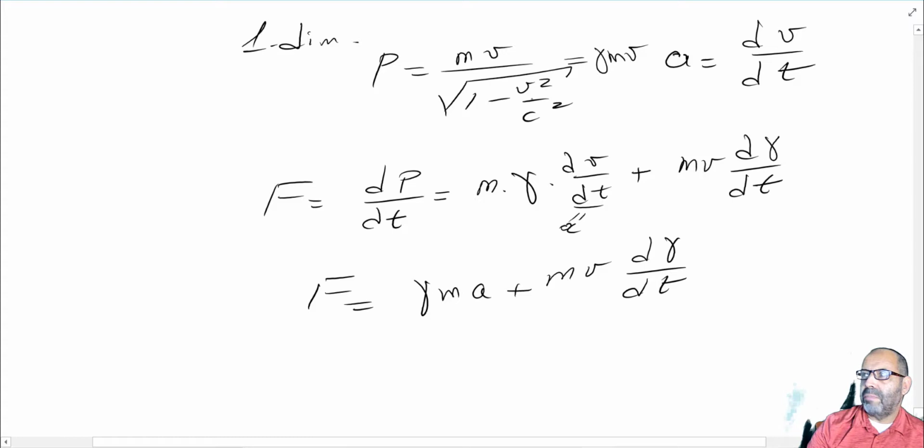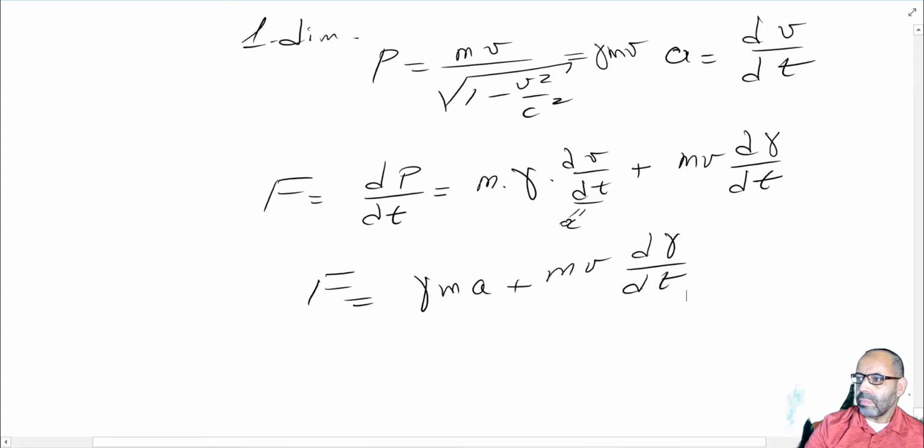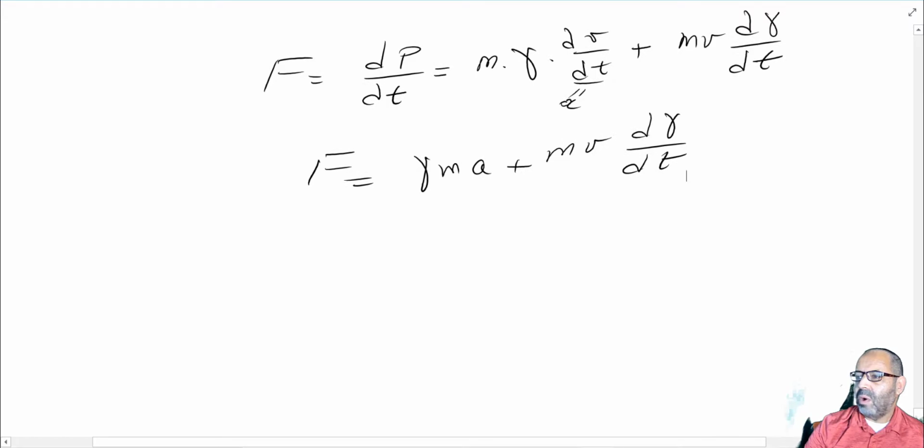So if we're doing, for example, the betatron that we did in physics 2, this is the physics that we need to be considering, because the betatron particles start to move super fast, so the relativistic corrections need to be taken into account. Unlike the cyclotron, where the velocities are not that high, so we could survive with classical mechanics there. Anyway, we need to find what d gamma over dt is.